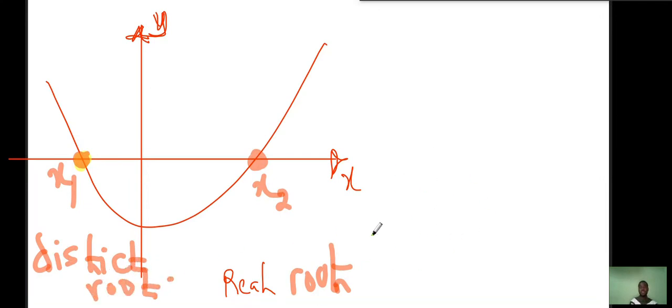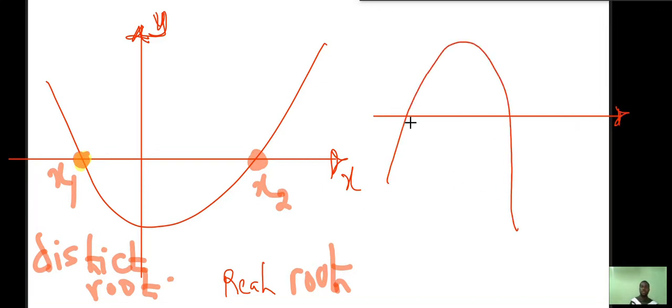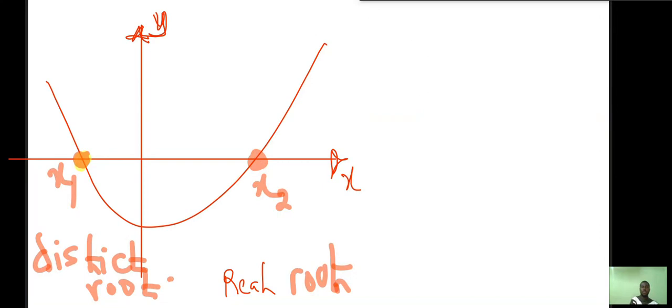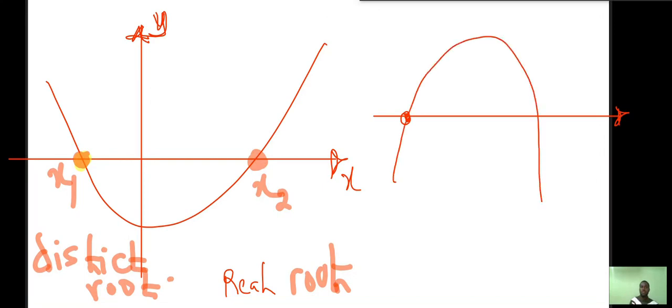For real and distinct root, it's also possible we have a situation this way. It's also possible we have a situation like this, where you have the quadratic graph touching the x-axis at two distinct points, x1, x2.